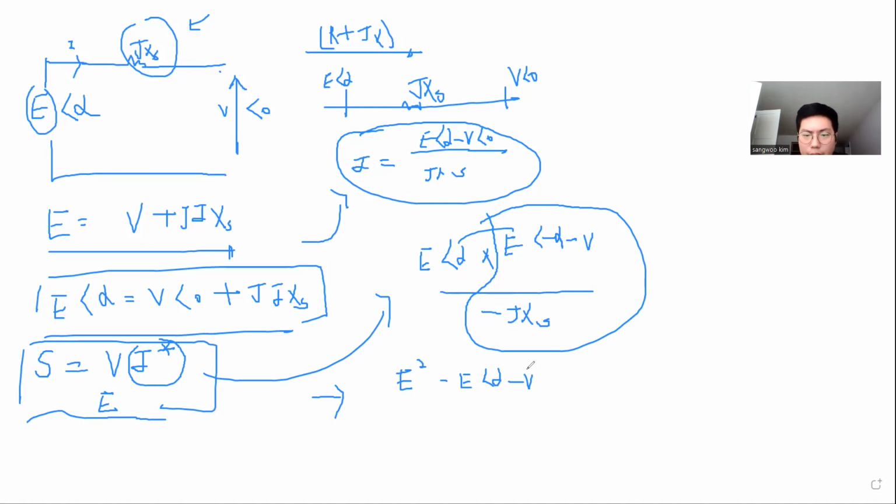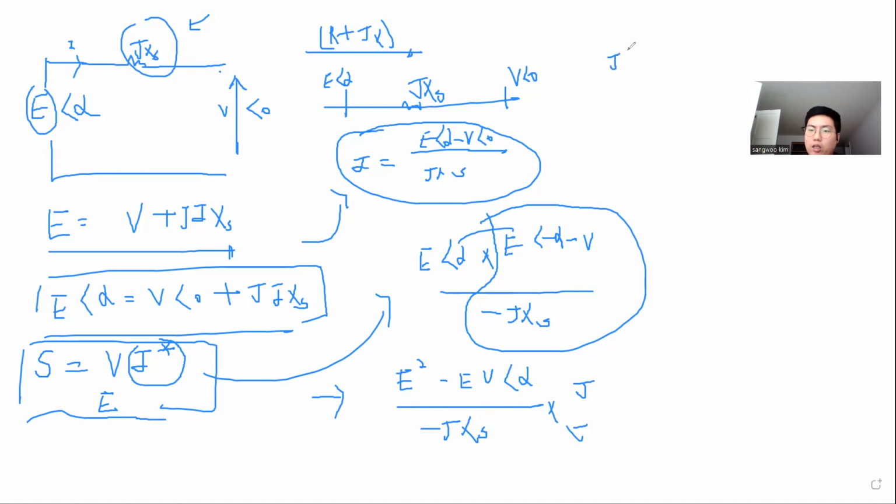Oh, sorry, guys. E V delta, and then minus J X S. Sorry, guys, kind of confusing. We multiply, J is here, J is here because we remove one of these.